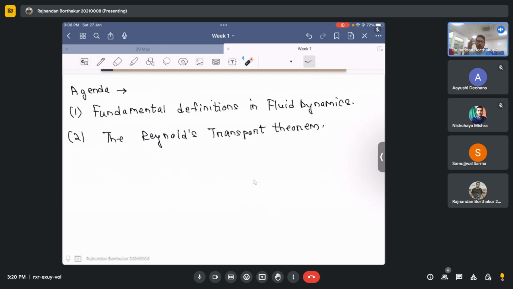For instance, the stream function, the velocity potential function, the continuity equation, and so on and so forth. And also, we will try to solve certain problems associated with the very famous and infamous theorem, which is known as the Reynolds transport theorem, which is basically abbreviated in fluid mechanics or fluid dynamics as RTT, which I think is a part of your first week's assignment. So we will revisit certain examples and sums associated with the Reynolds transport theorem. Yeah, so these are basically the two agendas that we will try to follow.